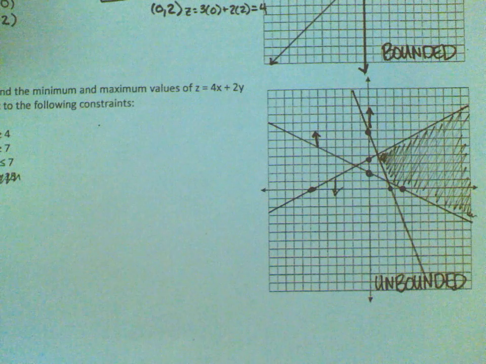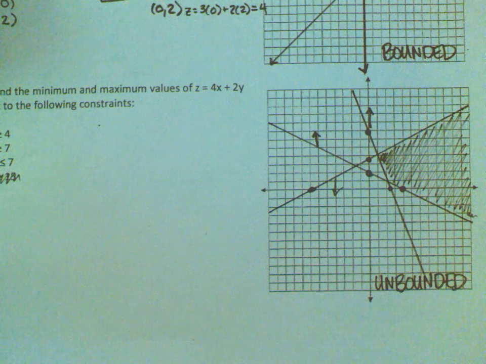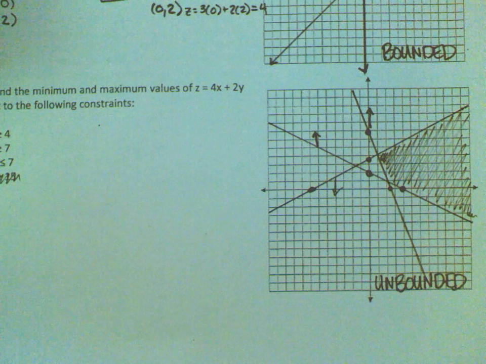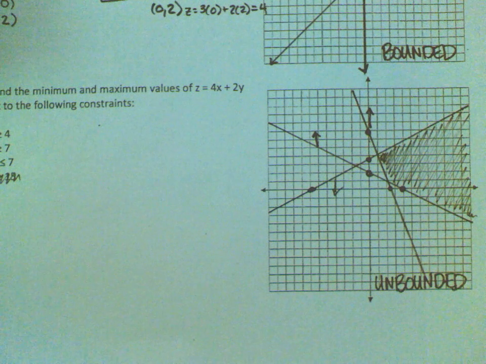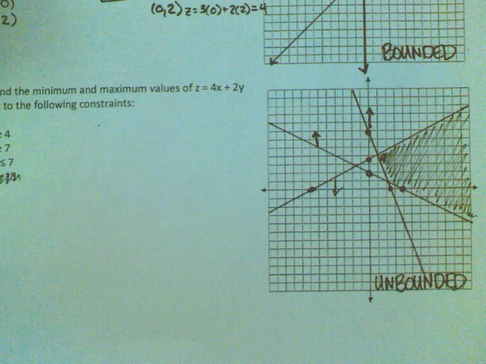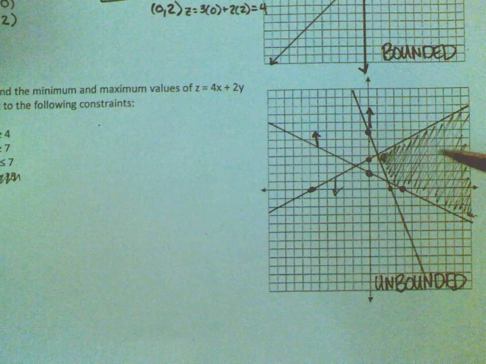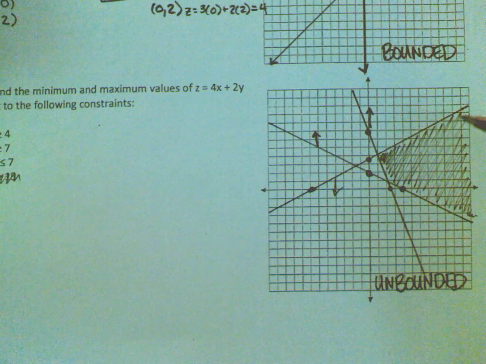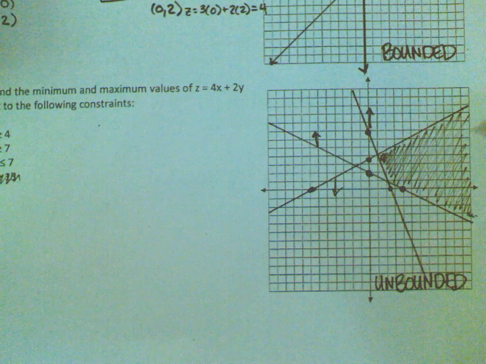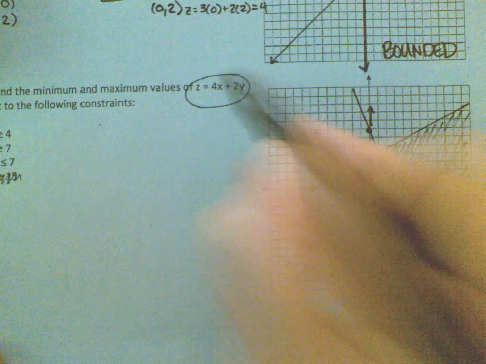Okay. What might that mean for your max and your min? If it's unbounded, there isn't one. You might not have a max and a min value, right? If I could plug more and more numbers as I'm going into this section up here, think about plugging those into my objective quantity, which is right here, 4x plus 2y.